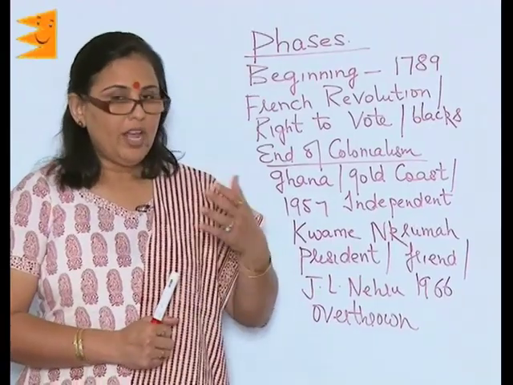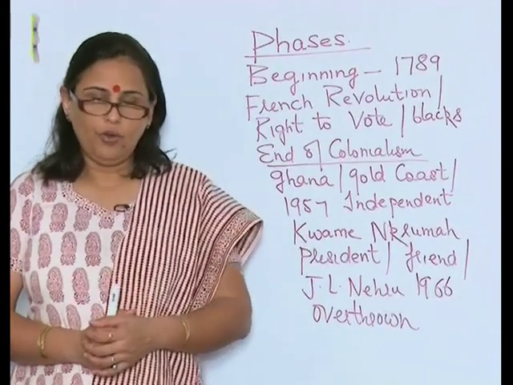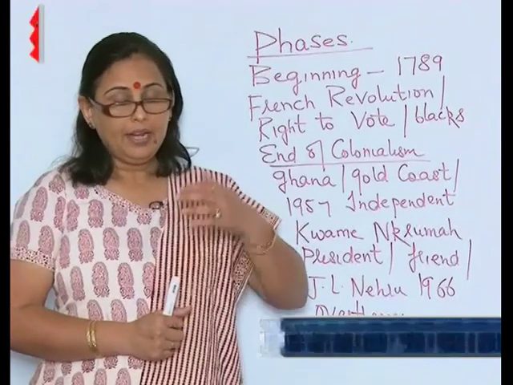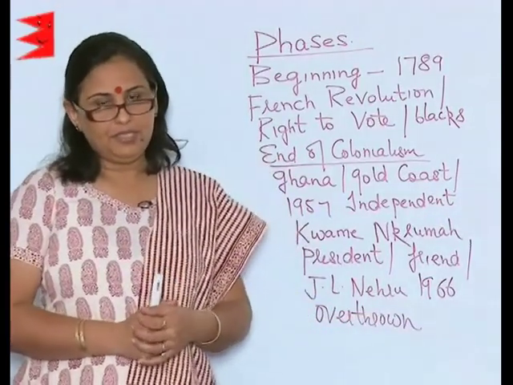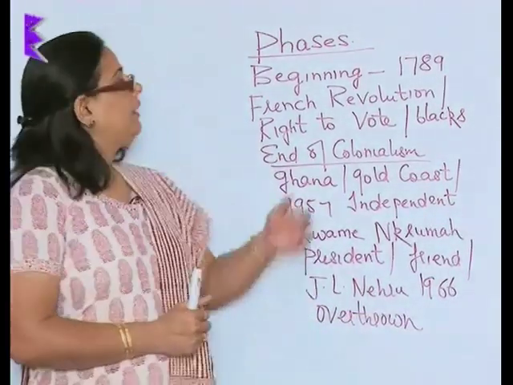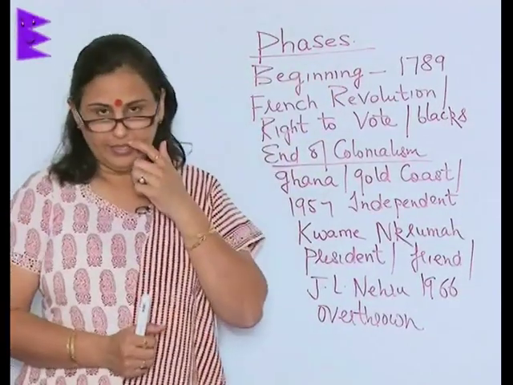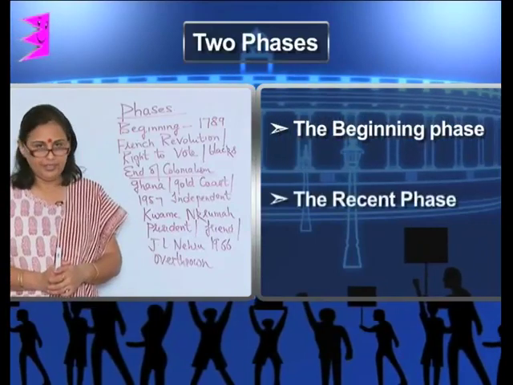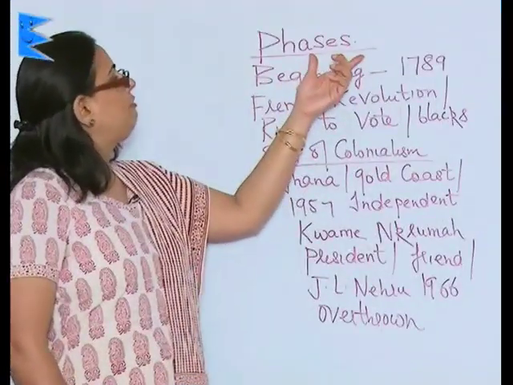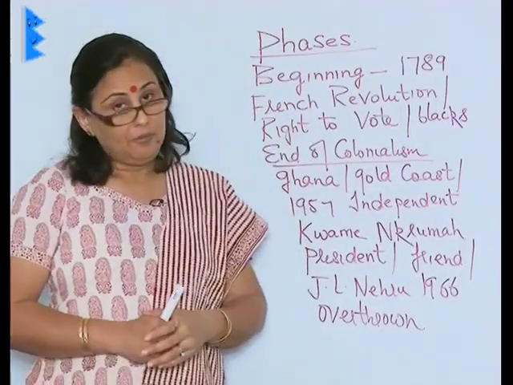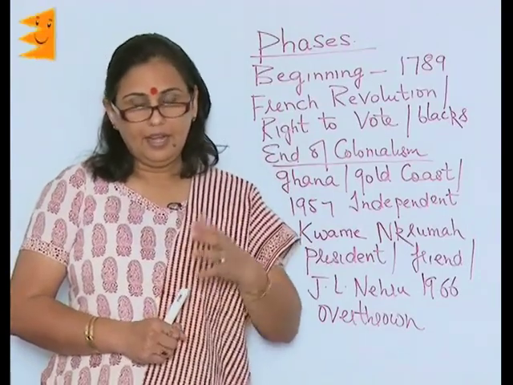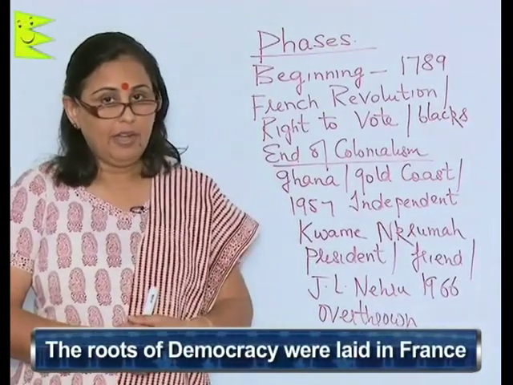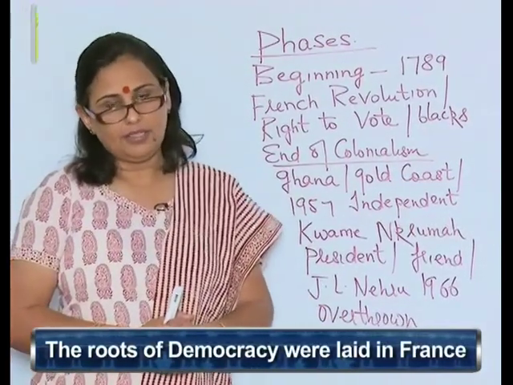Now, we shall move on to the story of the restoration of democracy and the popularity of democracy in the world. There are two phases to this. One is the beginning and the other is the recent phase. When I talk of the beginning phase, we must understand that the roots of democracy were laid in France.